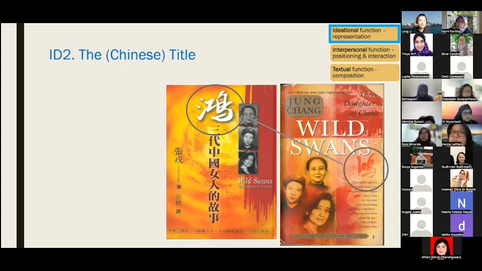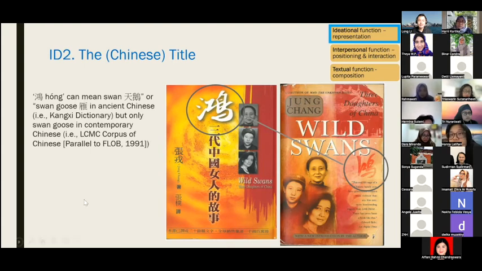But when it comes to the Chinese translation, it surprised me to read that the author considers the character to mean wild swan, because my first reaction was that this character means swan goose. It's a kind of goose, it's not a kind of swan. So when I looked up dictionaries and corpora in Chinese, I found that Hong only means swan in ancient Chinese.